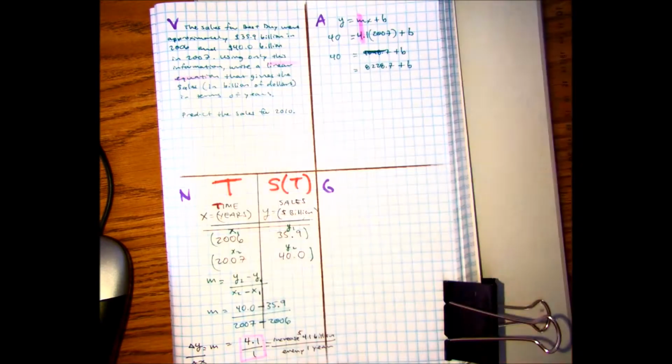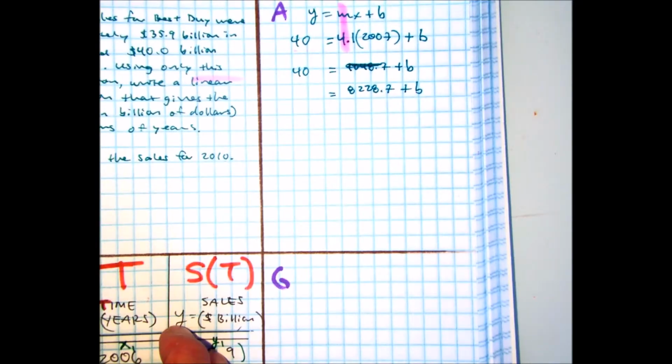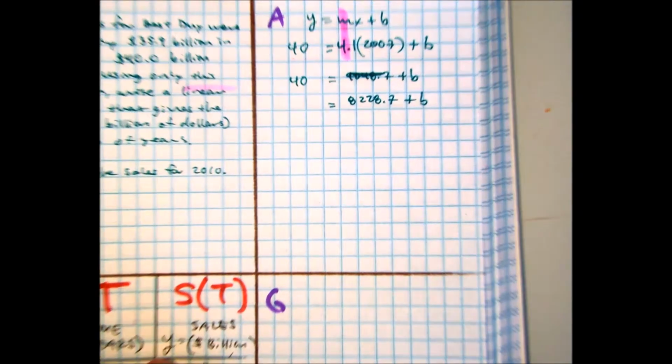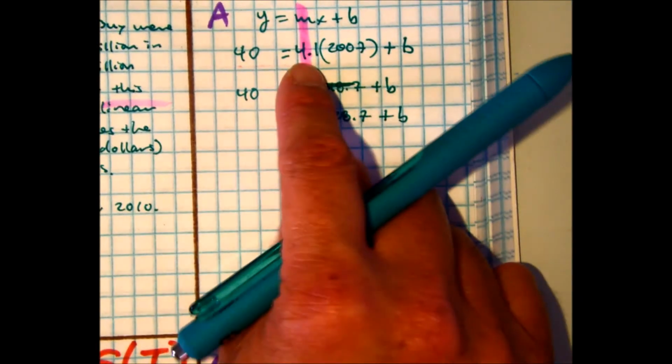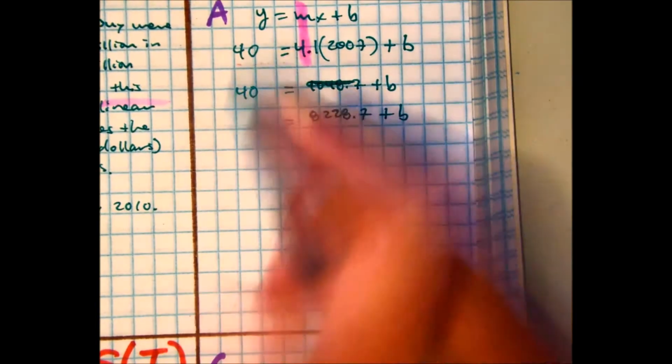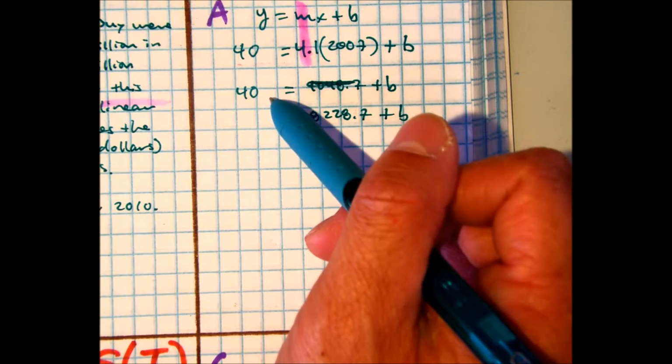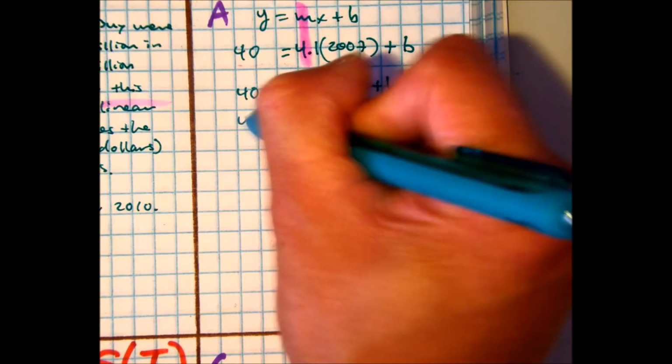Sales in what? It represents it in billions. So our slope is in billions, and this is also in billions. So I'm not going to add a bunch of zeros. Are you following me? So here I have 40.